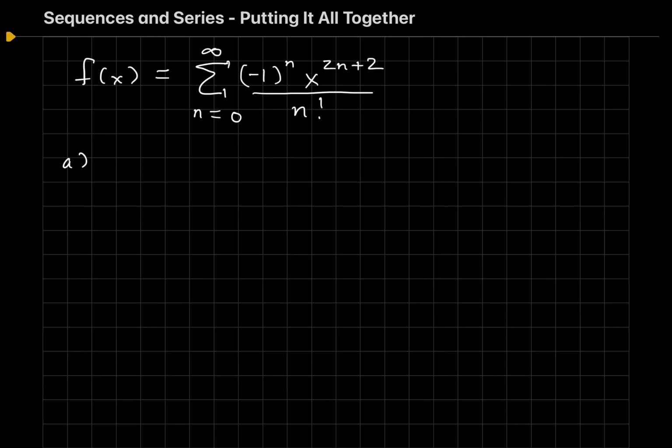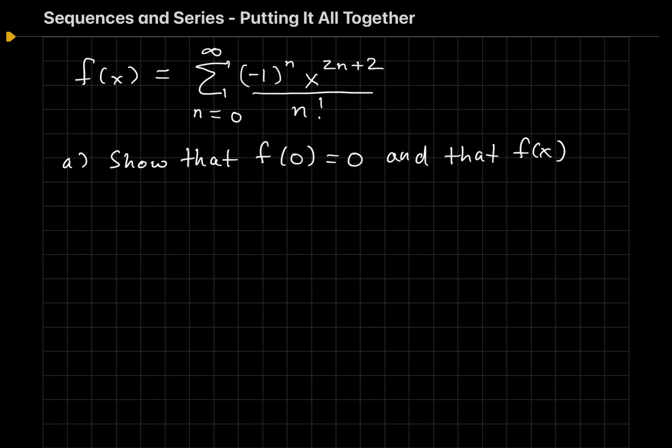And for the first part, let's show that f of 0 is 0 and that f of x has a local minimum at x equals 0.